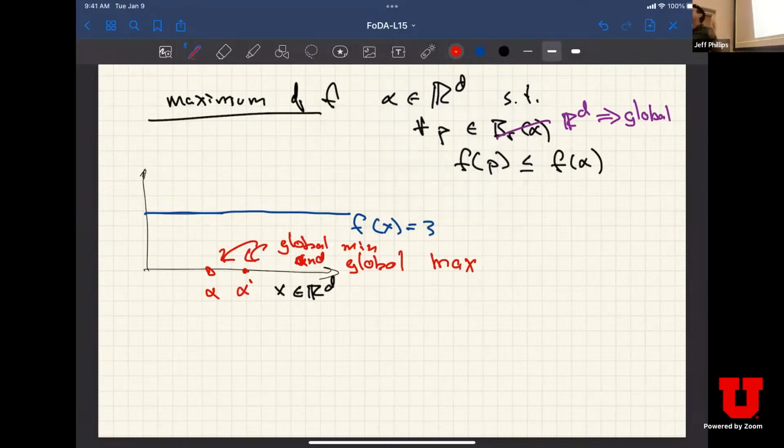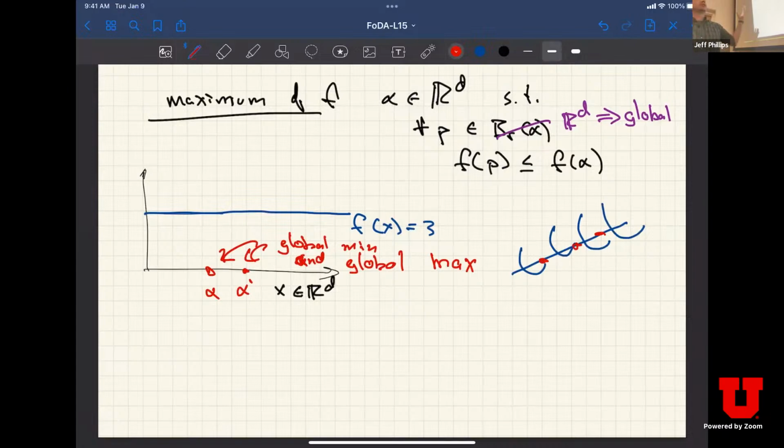Okay, so this is actually going to arise in some cases. This is a one-dimensional picture, but you could think of a picture like a half pipe, and when you lay it flat, there's a set of points along here which are all going to be the global min, right?